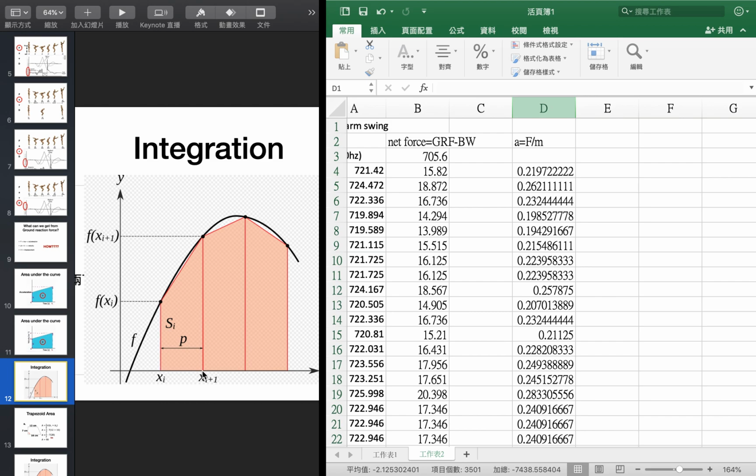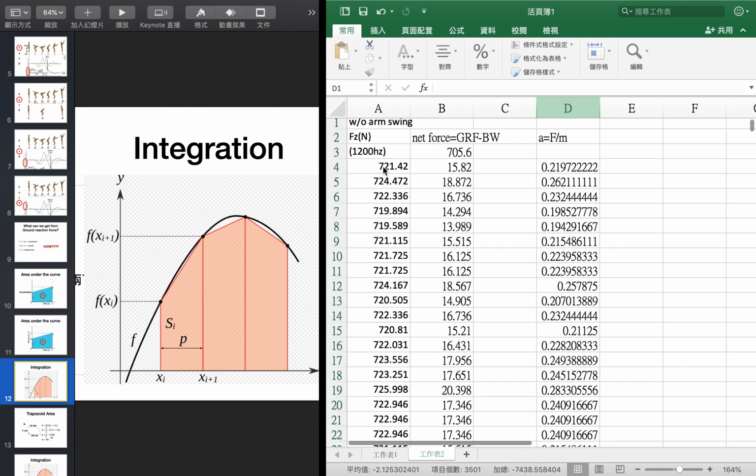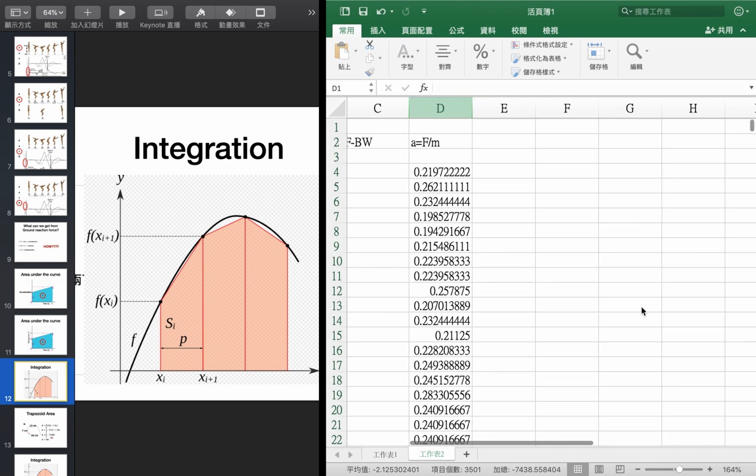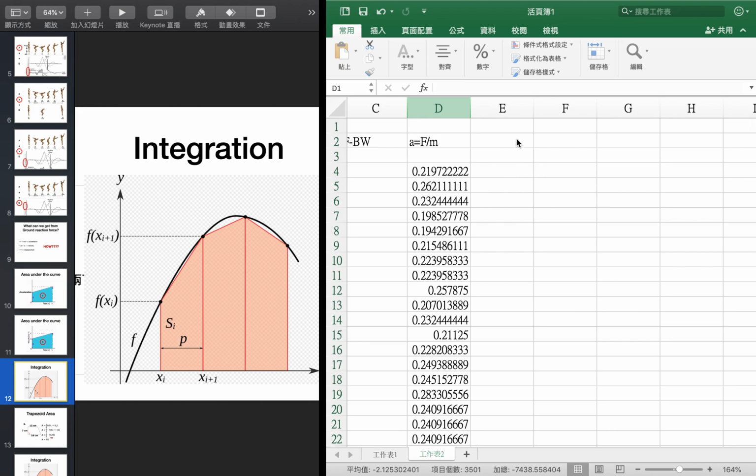But how about time? We know the force is collected at 1200 hertz. That means we'll get 1200 data points in 1 second. That means the time interval between two consecutive points will be 1 over 1200. Okay, I'll put it in the function here to make it clear.